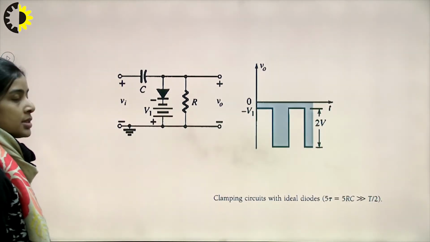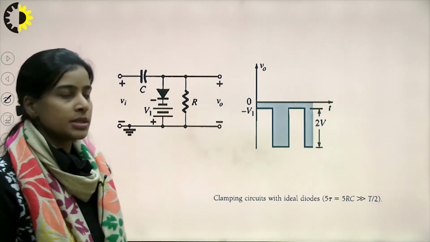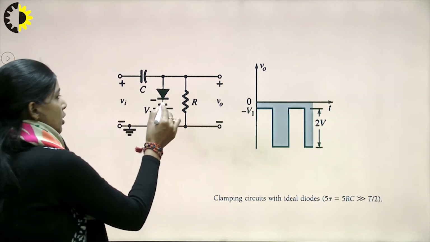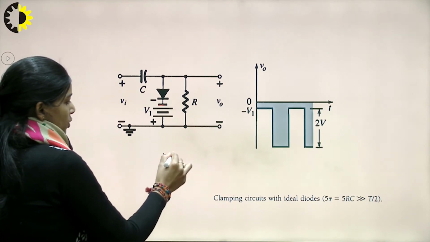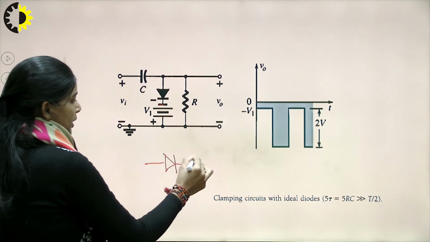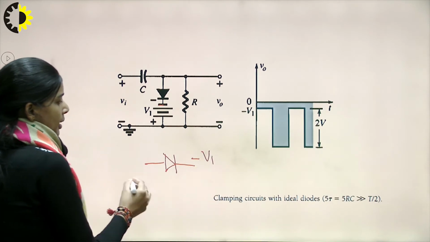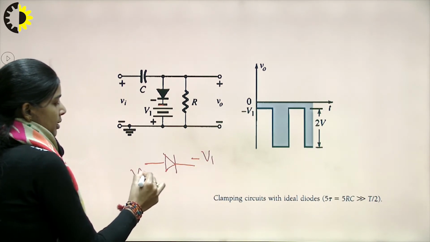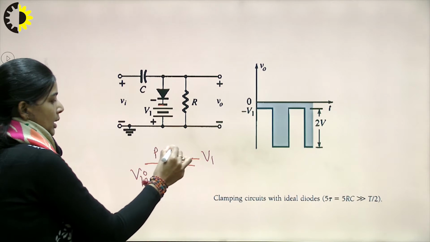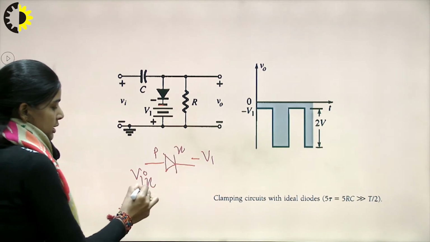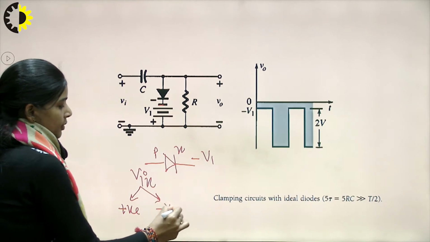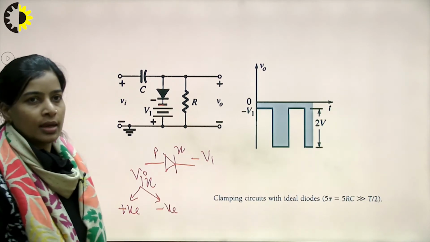This is another clamper circuit in which the polarity of this battery is reversed. Now, we have this diode connected with the negative value of V1, and at the P side we have V in. This V in will be positive for the positive cycle and negative for the negative cycle.